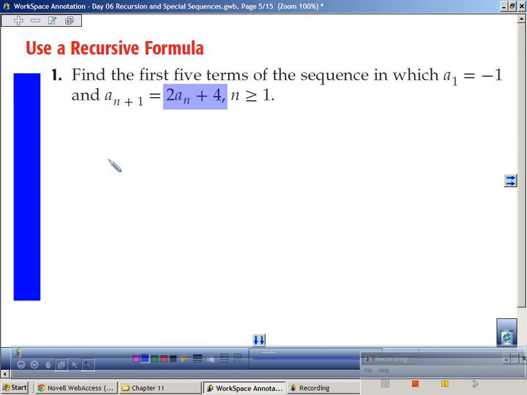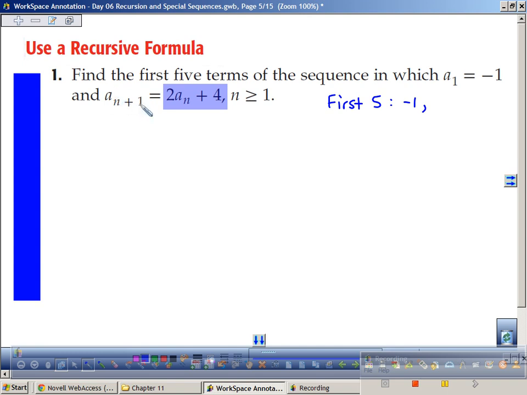Okay. So, it says find the first 5 terms. Well, we already have the first one. It says right there, -1. So in order to find the next term, I'm going to use this formula right here.